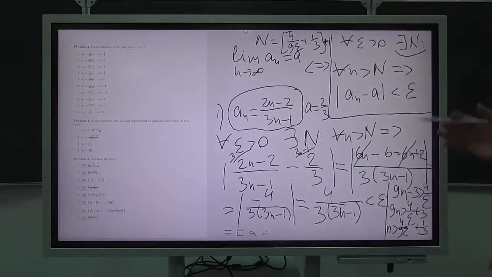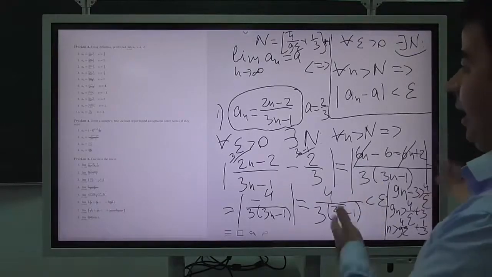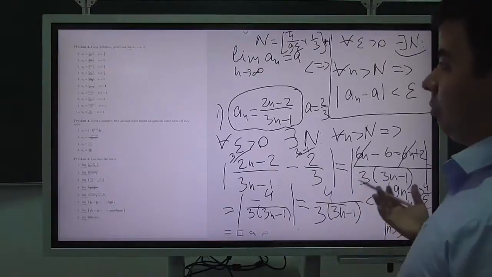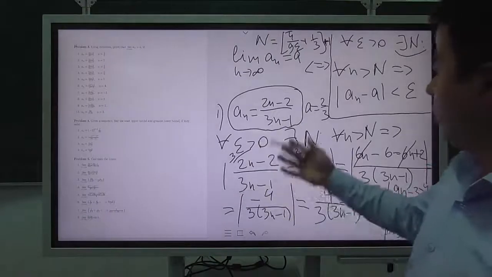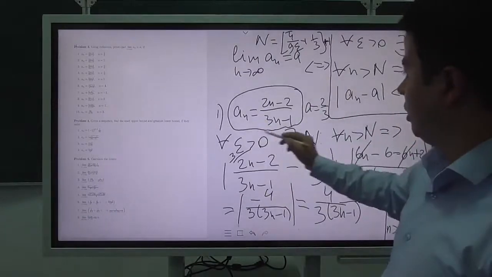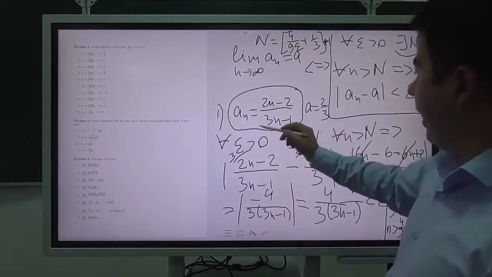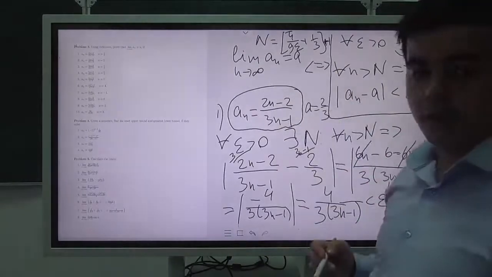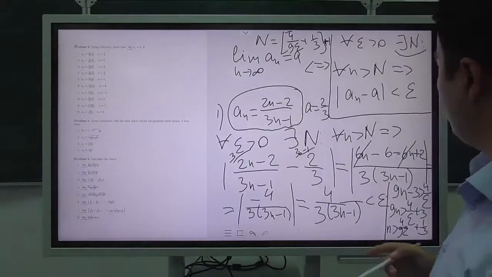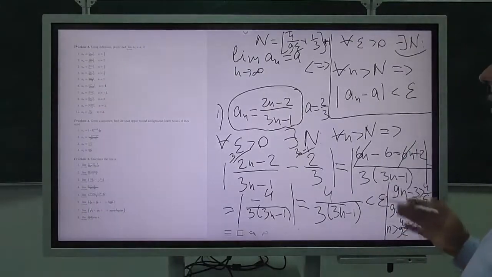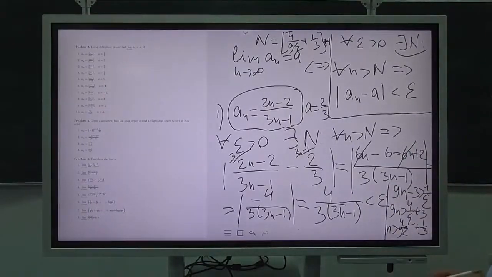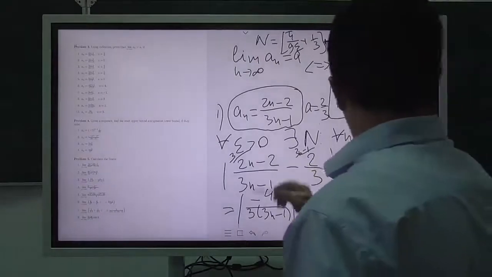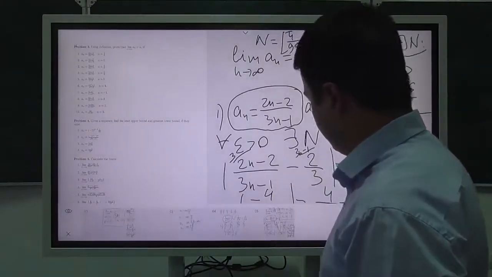This is our N. So we found our N. It means we proved that the limit of a_n is equal to a. This is proving using the definition. Now let's continue.